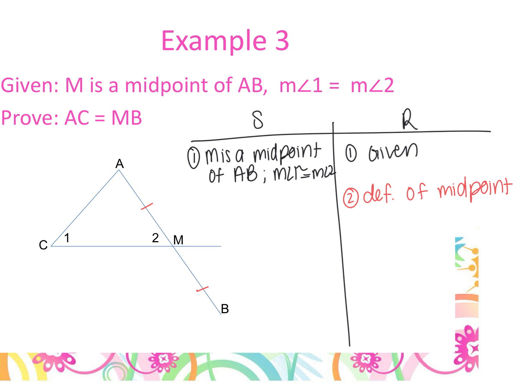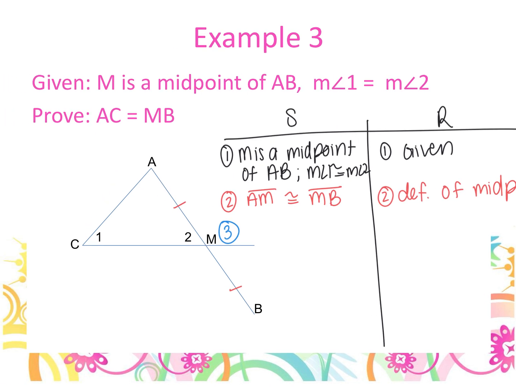So what do I know? I'm now going to write segment AM is congruent to segment MB. Okay, so just be aware of that. Anytime you see midpoint, the definition is going to come somewhere after. Okay, looking at the next one. 3. They gave me already angle 1 and angle 2 are congruent.